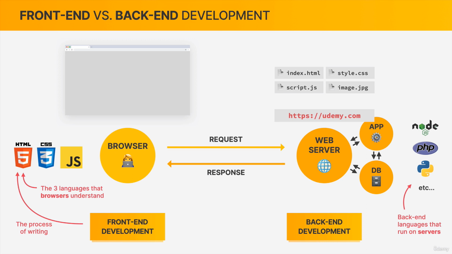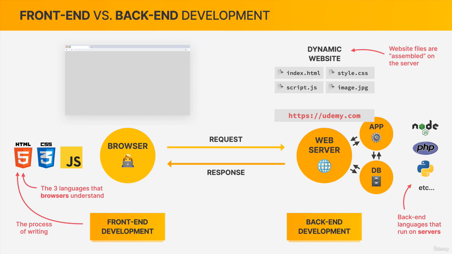Now, in this situation, we say that we have a dynamic website because the website is dynamically assembled from different pieces on the server. And that happens each time that someone visits the website. So returning to the example of udemy.com, in fact, each time that you visit Udemy, a new version of the website is going to be generated from their database and sent to your browser.